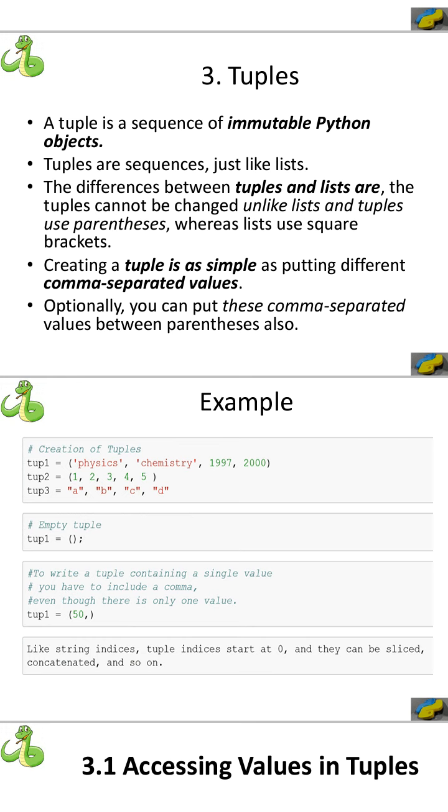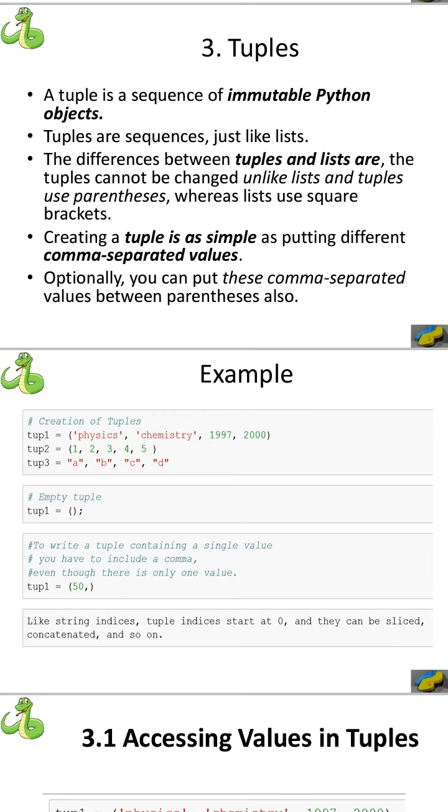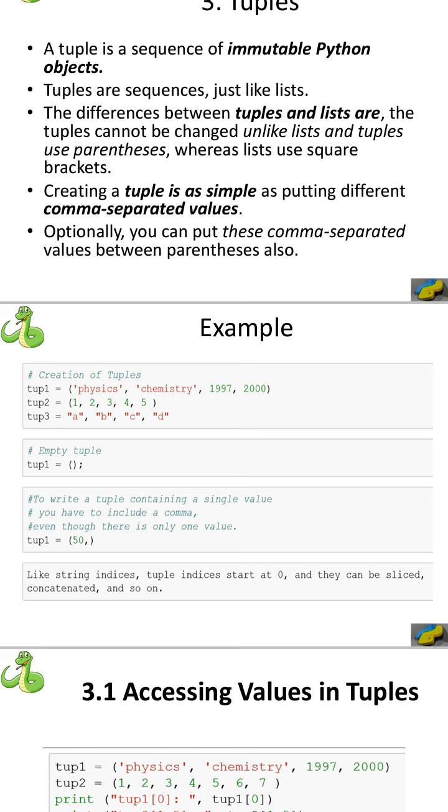The main difference between tuple and list is that tuples cannot be changed unlike lists, and tuples use parentheses whereas lists use square brackets. Again I am saying, we cannot update, modify or delete the elements associated with a tuple because a tuple is an immutable Python object.